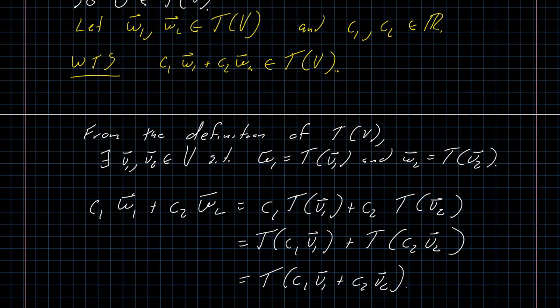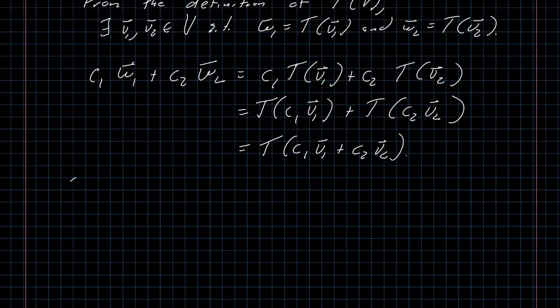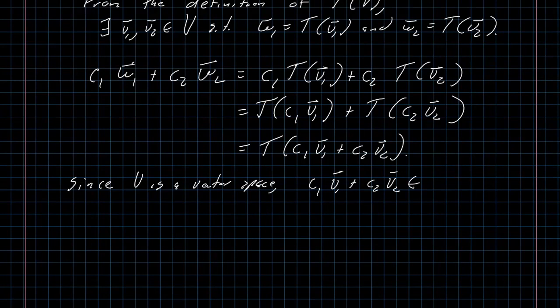Now, I'm going to write this as since V is a vector space, C1 V1 plus C2V2 is an element of V. And what I really mean by that, the shorthand that I'm using there, this is a linear combination of vectors in V. And any vector space is closed under linear combinations.